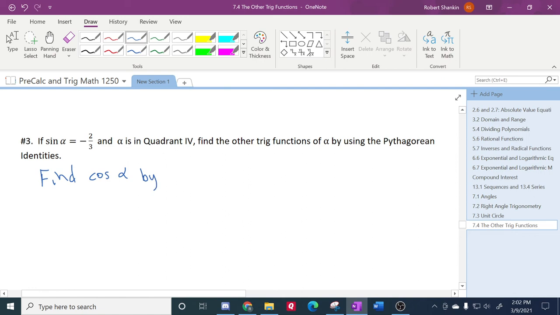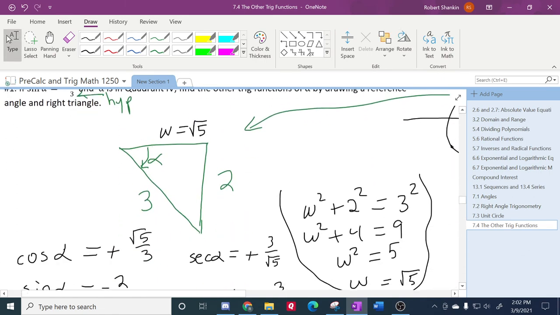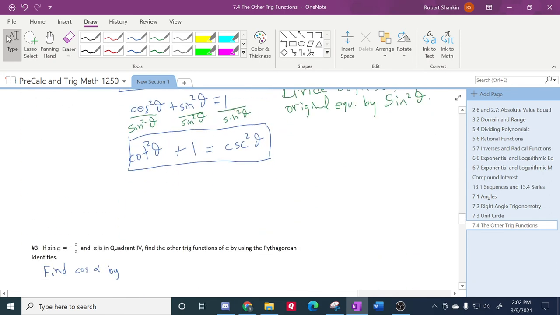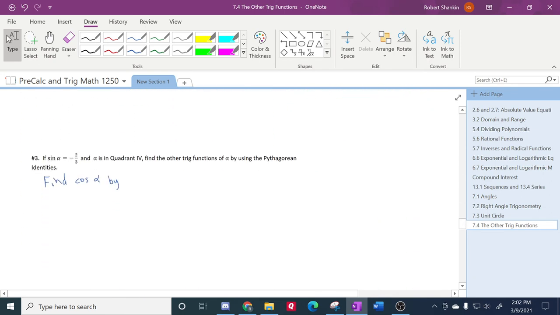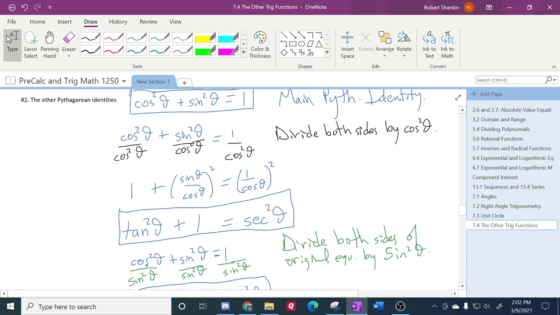Now how did we find the cosine of alpha earlier? We drew a picture of the right triangle. And then we found with the Pythagorean theorem this leg and then adjacent over the hypotenuse. Well, we won't need to do that anymore. We'll find the cosine of alpha by using one of these 3 Pythagorean identities.